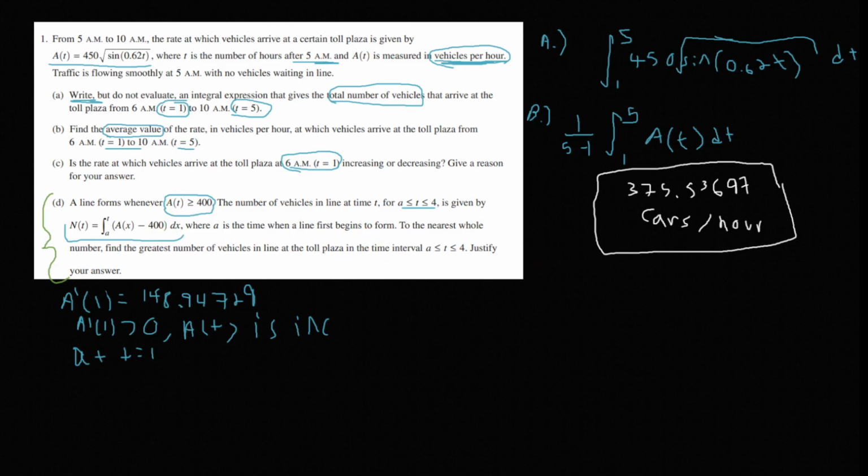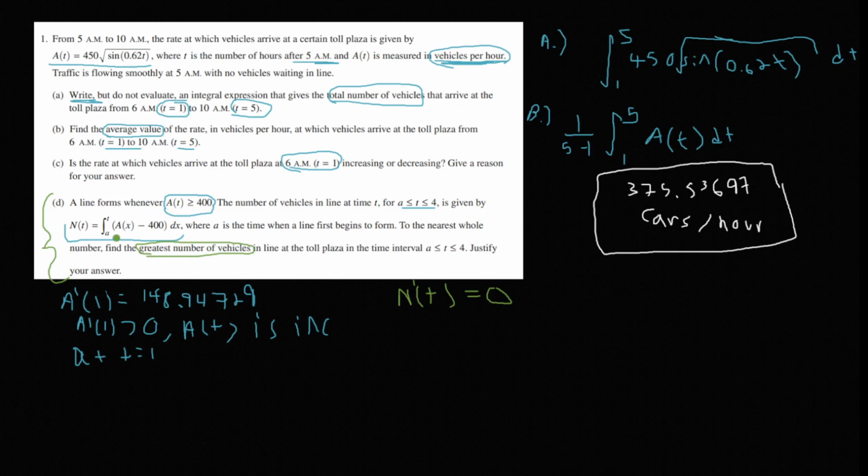So let's break apart this question. So we want to see the greatest number of vehicles. So if this is for the number of vehicles in a line, we need to take our function n of t and take the derivative and set it equal to 0 to find the maximum.